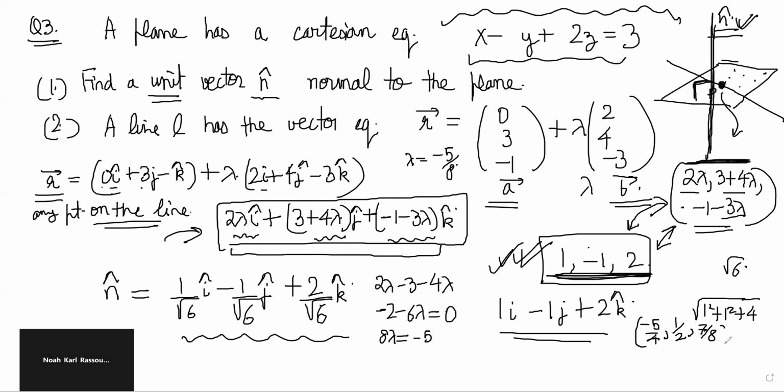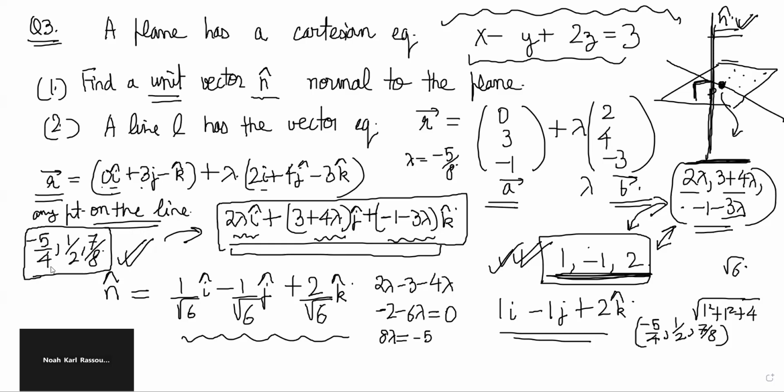So you are getting the point as minus 5 by 4 comma 1 by 2 comma 7 by 8. Correct? So that becomes the point on the plane where the line meets the plane.